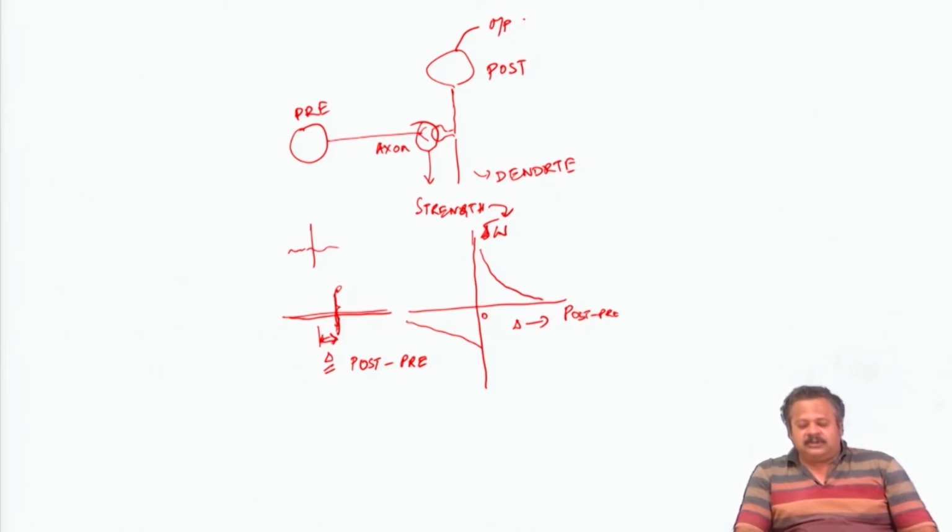Those rules are different for the different cases. Similarly, the type of synapse, whether it is from a particular excitatory neuron to excitatory neuron synapse, or excitatory to inhibitory of a particular kind, or inhibitory to excitatory of a particular kind, or region of the cortex, the functional region that we are in, these spike timing dependent plasticity windows are different.